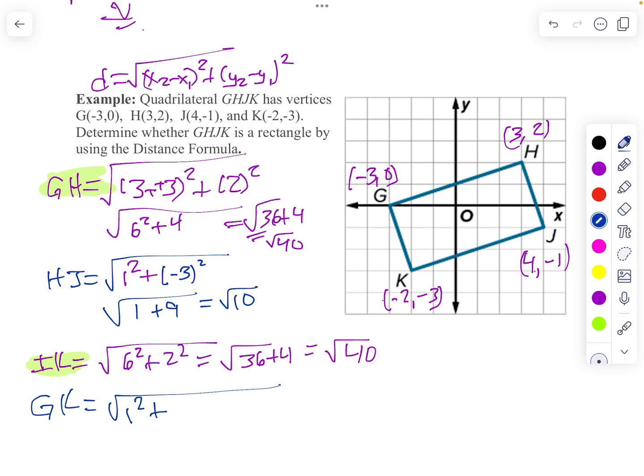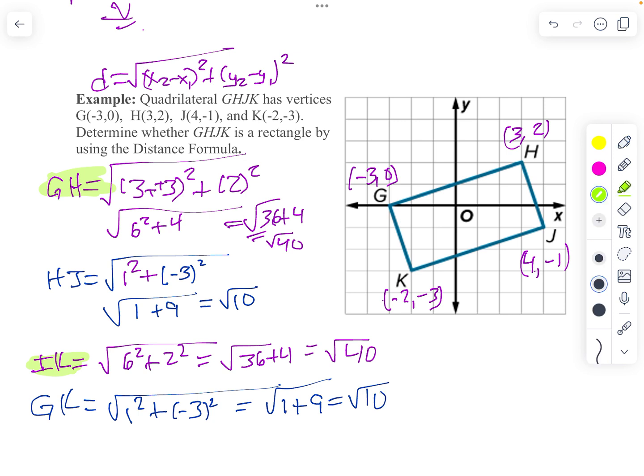Well, that'll be negative 3 squared. Positive 1 squared is 1. Negative 3 squared is 9. We get the square root of 10. And there, look at that. H to J and G to K, they're the same. So at this point, I know I've got myself a parallelogram.